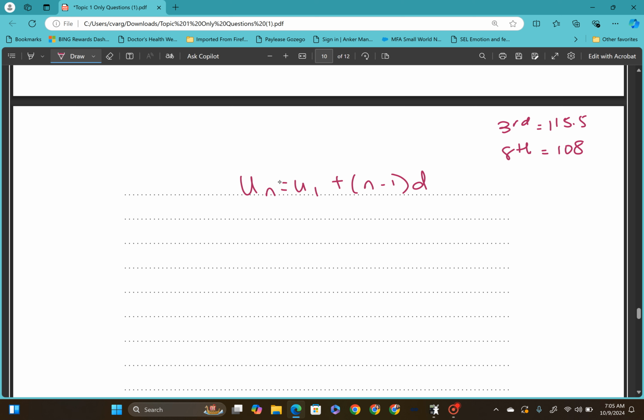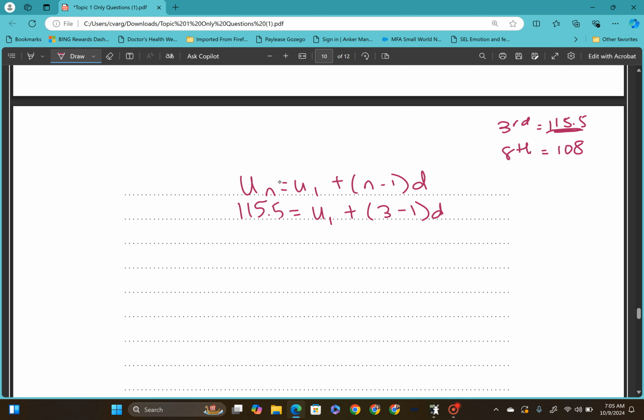So our U3 is equal to our U1, which we do not know, plus our n here is 3, so 3 minus 1 times our common difference, which we do not know. We do know U3 though. The third day is 115.5.